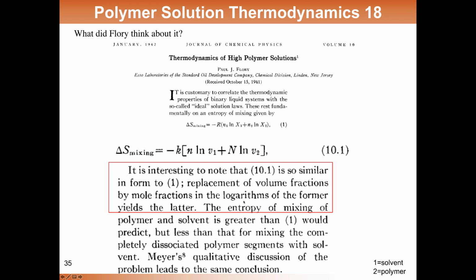Replacement of volume fractions by mole fractions in the log of the former yields the latter. And he goes on to say the entropy of mixing of polymer and solvent, that's this one, is far less than that for mixing the completely dissociated polymer segments with solvent, which would be given by this expression. And that goes on to qualitatively and ultimately quantitatively describe a lot of the properties of polymer solutions.